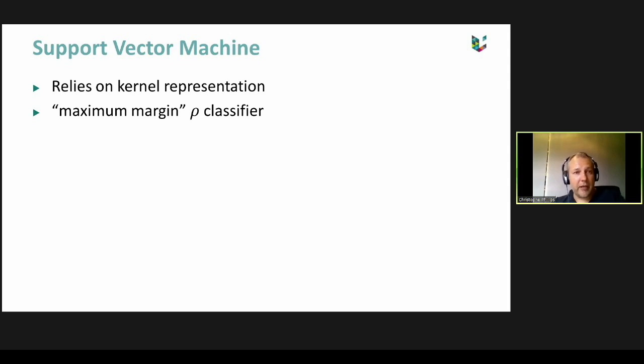And just to illustrate those kernel methods, I will explain what is meant by the support vector machine. As I said, it relies on a kernel representation, and it's called a maximum margin classifier.